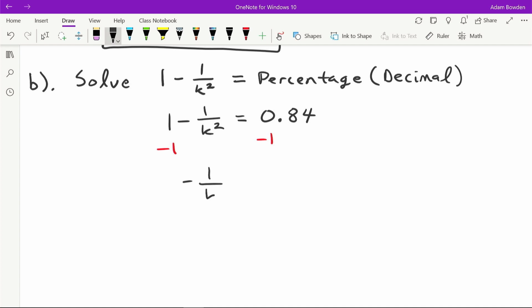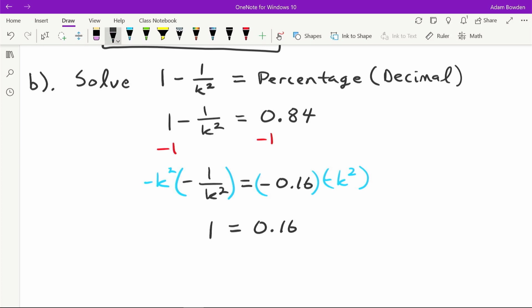Subtract 1 from both sides, and that's equal to negative 0.16. Then let's multiply both sides by negative k squared. That way it changes to positive 1 equals positive 0.16 k squared.